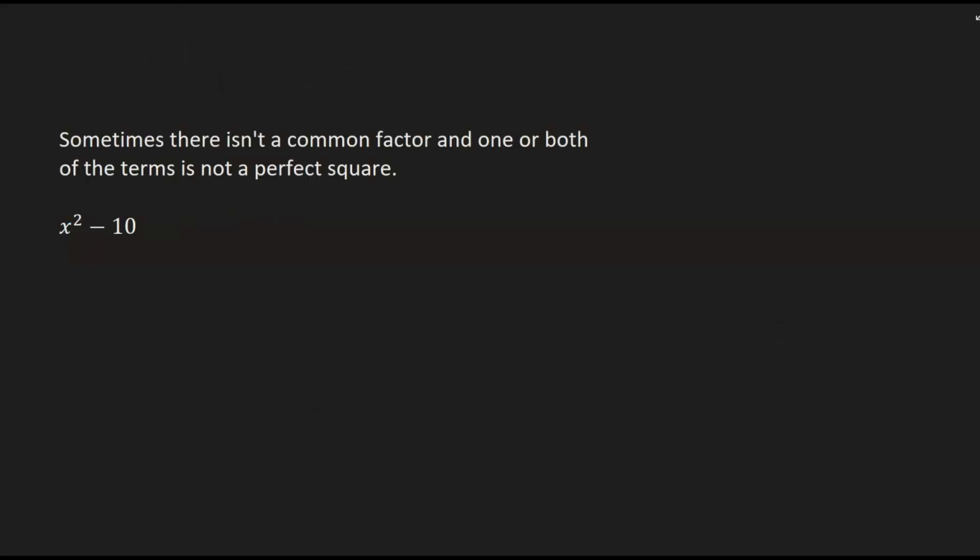Now lastly, let's see what to do if we want to treat our two terms as a difference of squares when one or both of the terms is not actually a perfect square and there isn't a common factor to factor out. So remember, the formula looks like a squared minus b squared factors into a plus b, a minus b, right?